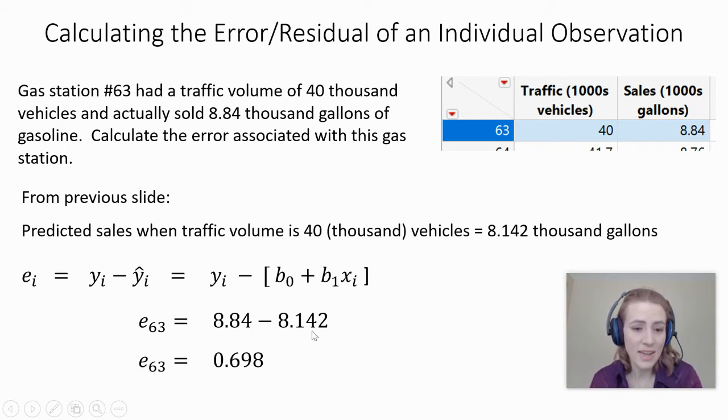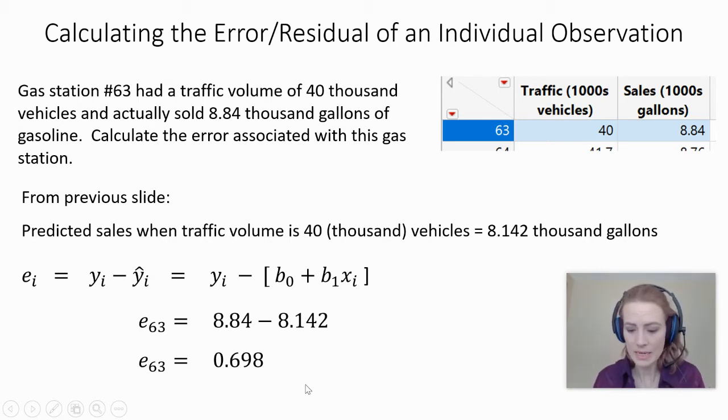And then we're going to subtract out what would be predicted by our regression line for that given X. So if X equals 40, what comes out of that line? So this is what we just solved for on the previous slide. So we subtract, and I've labeled this E63 because this is the error associated with gas station number 63. It's in row 63. All right, so that error is, in this case, positive 0.698.